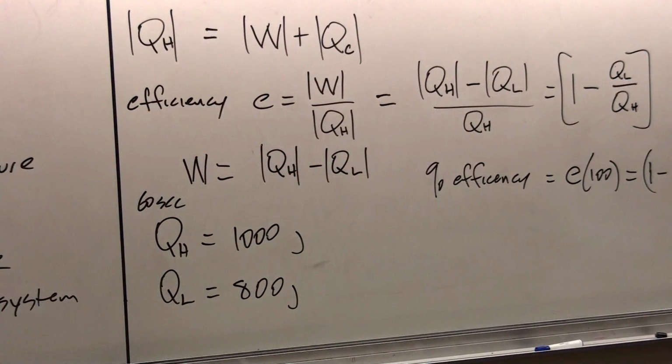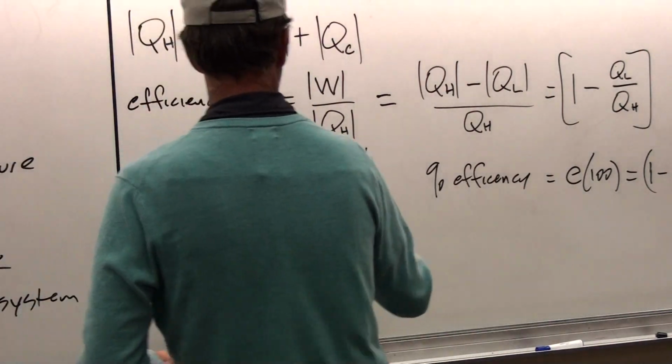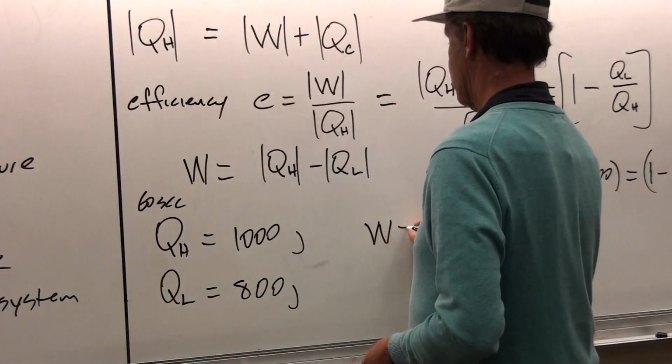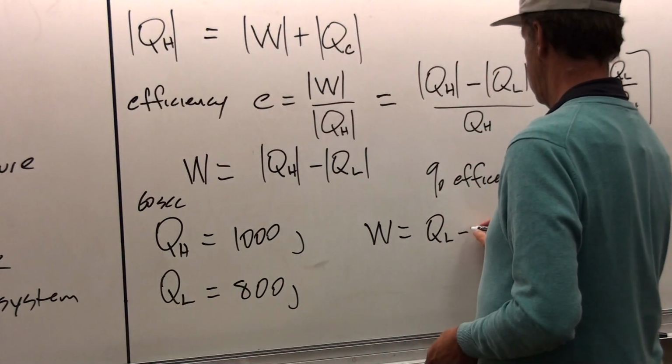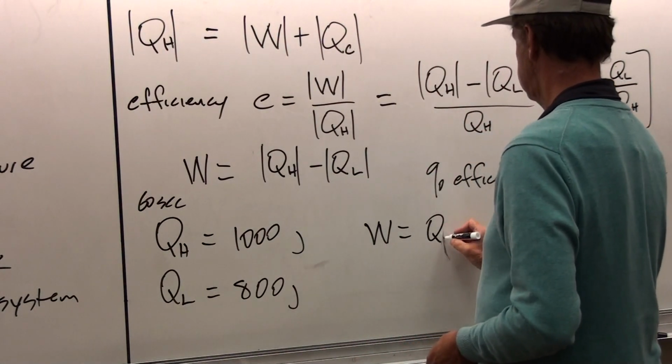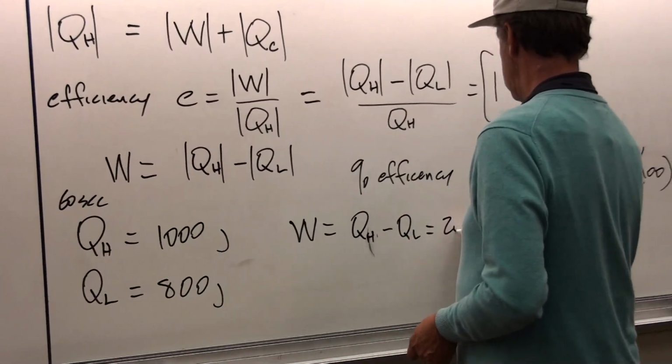Then from that, we should be able to find the work that's done in 60 seconds. W would be equal to the magnitude of QH minus QL. And so that would be 200.